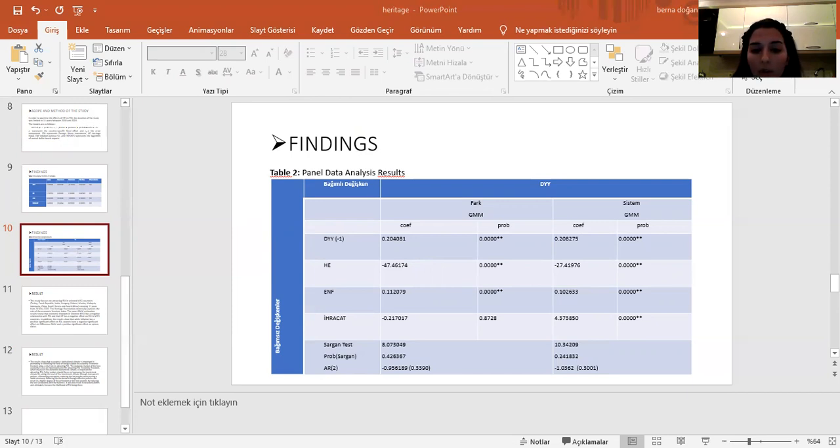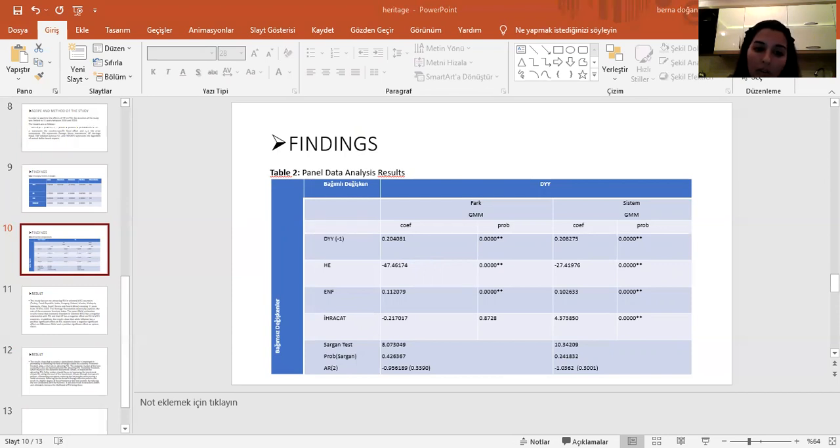Therefore, the positive effect of FDI from the previous period on FDI to countries can be mentioned. This is an expected result. The results of the most basic characterization for difference GMM and system GMM are given in the table.